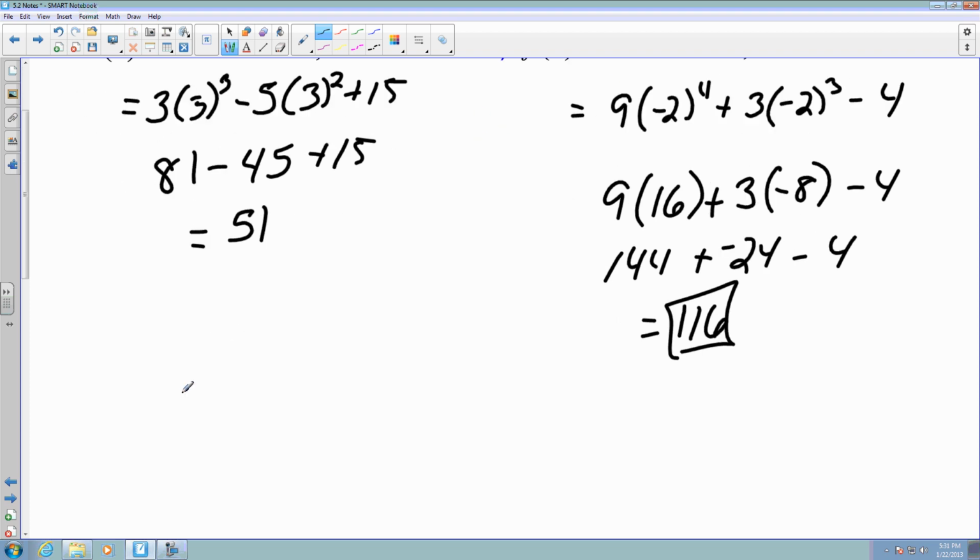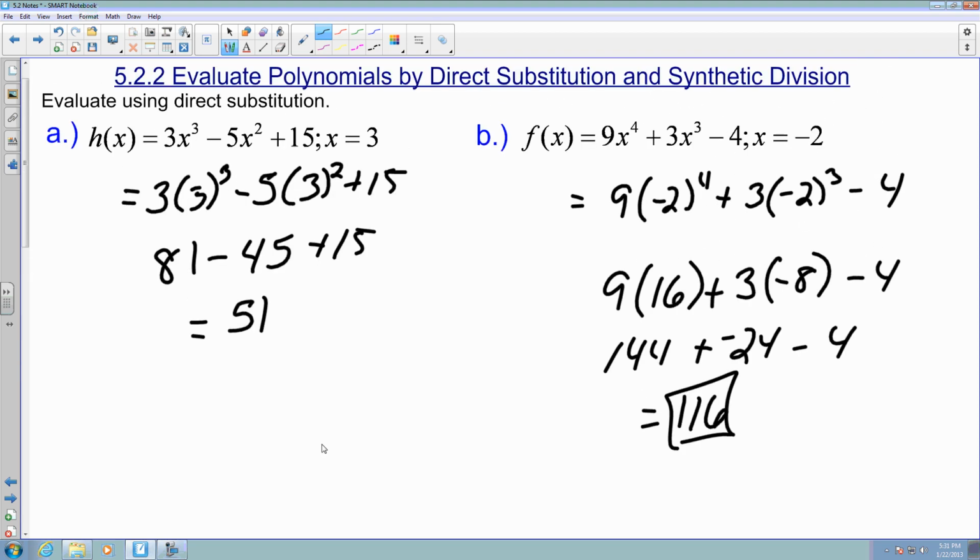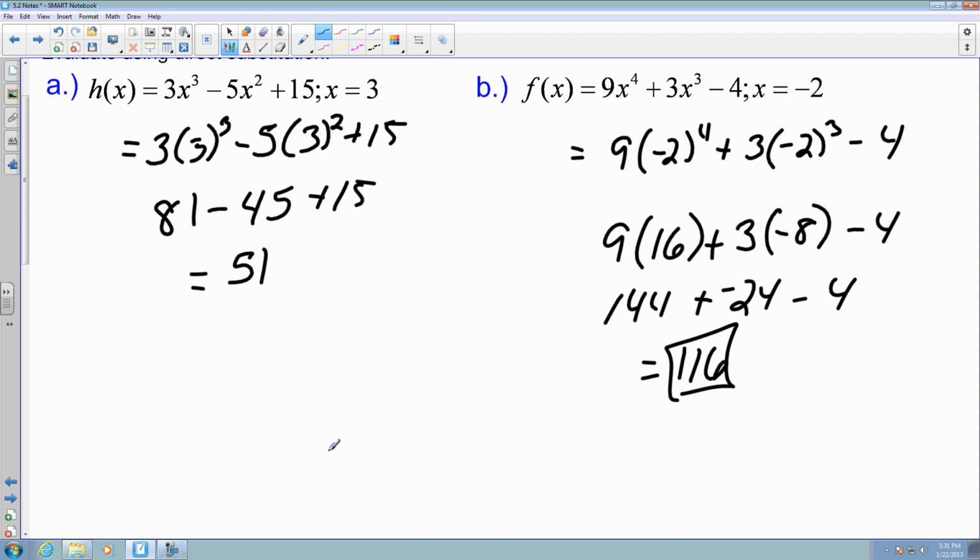direct substitution. Another way is what is called synthetic division. You're going to get the same answer, so I'm going to show you using the example in A. So what I did is first you're going to make a half of a box, something similar to this. Then on the left-hand side here, you're going to put what you wanted x to equal.